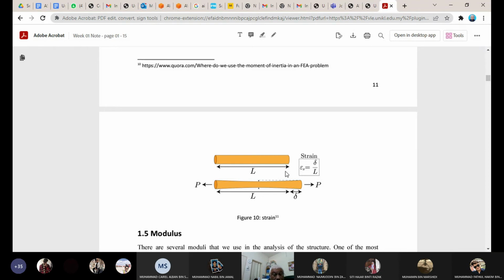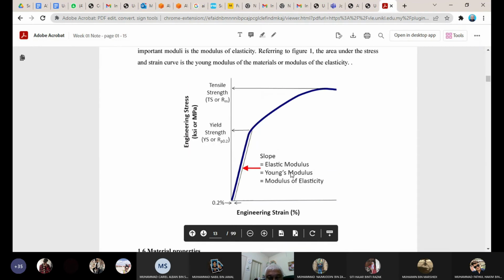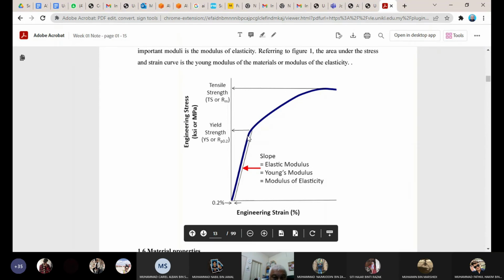Next is modulus. Modulus comes from when you test the stress and strain curve. You get a slope. The linear portion of the graph is a slope, and this slope is stress over strain.